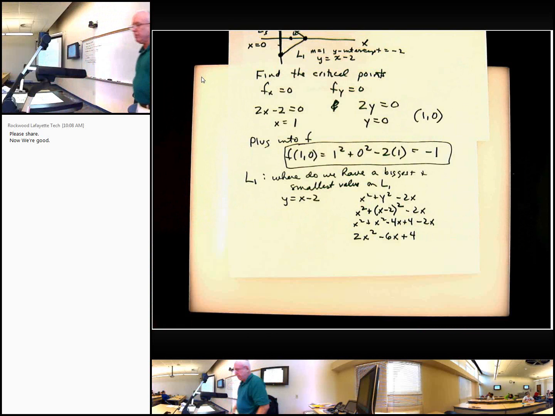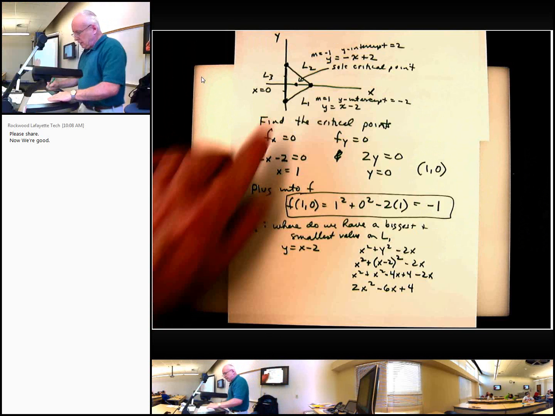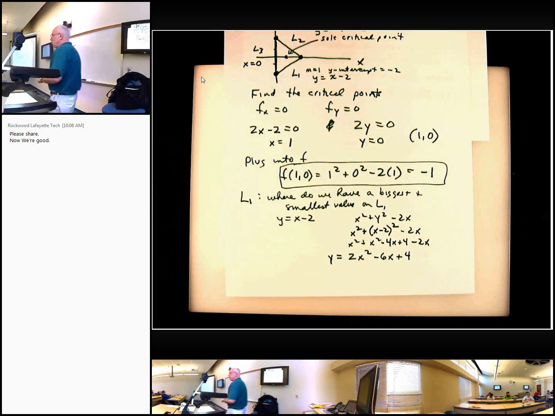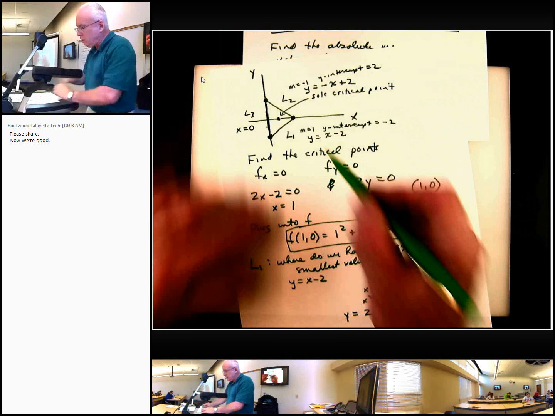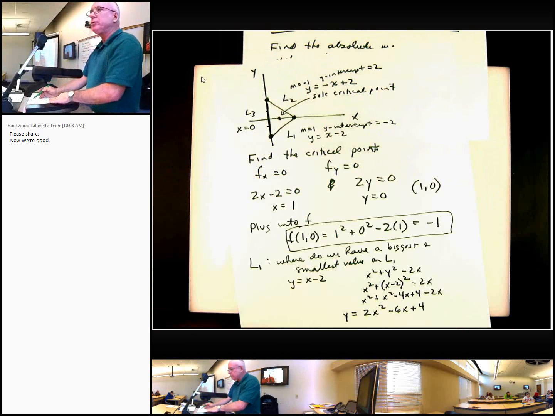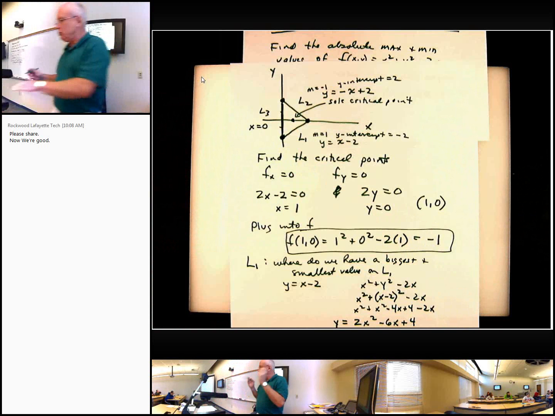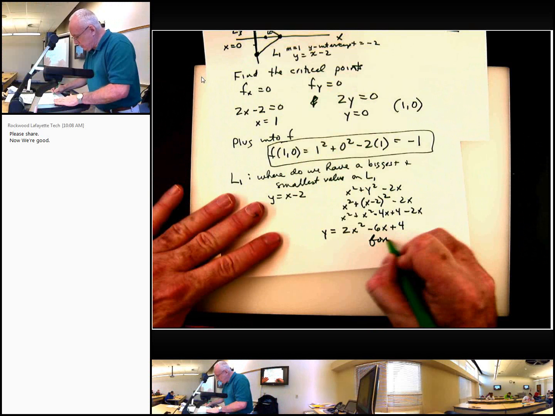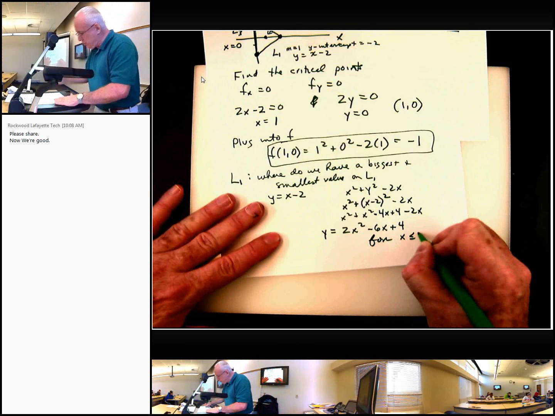So everything along that line, this is our corresponding y value. Now x here goes from what, on this line L1, our x values go from what to what? From 0 to 2. So this is for x less than or equal to 2, bigger than or equal to 0.